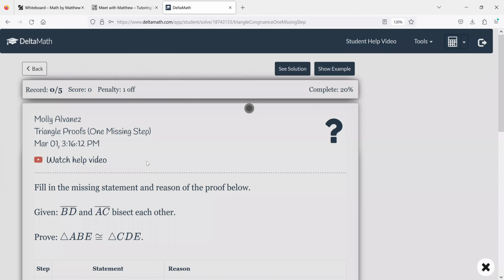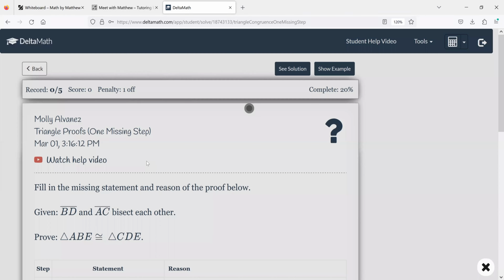So why can't we say that BD bisects AC? If two lines form a linear pair of congruent angles, then the lines are perpendicular.